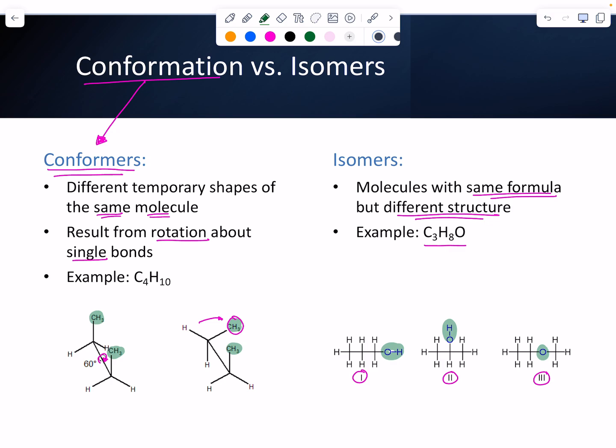So these different molecules are what we call isomers. These are different ways of arranging the same set of atoms, and I'm going to say different ways of connecting.